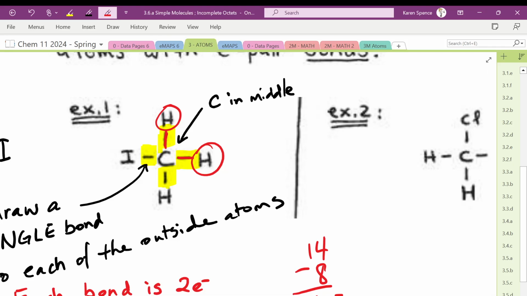Why does hydrogen need 2? Because when we look at a Bohr model, hydrogen only has electrons in the first shell, and the first shell is full with 2 electrons. We're always trying to fill up the shell. All the rest of them need to have 8 electrons to fill their shell.